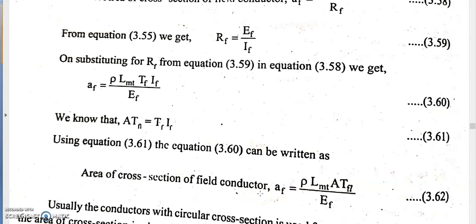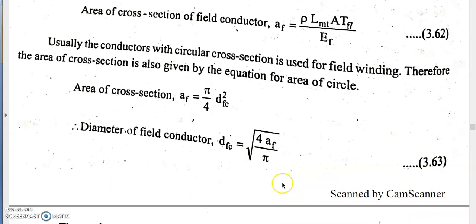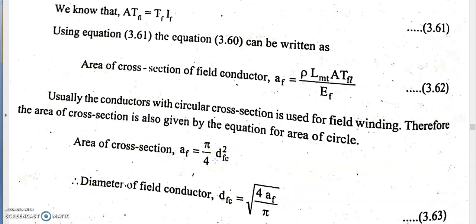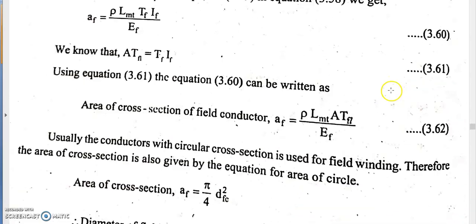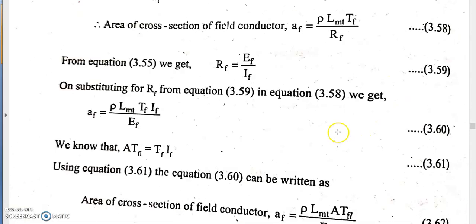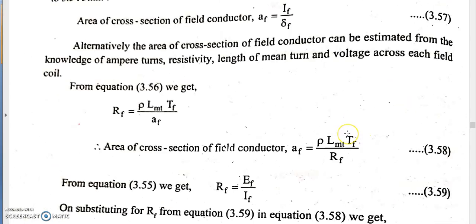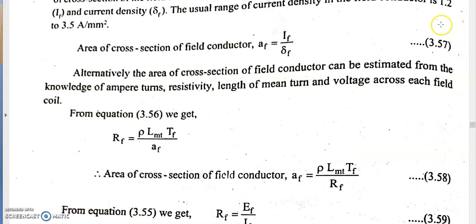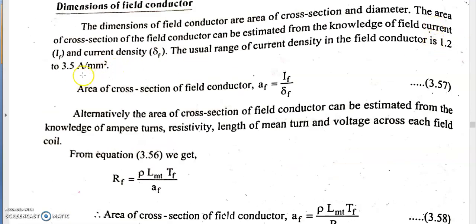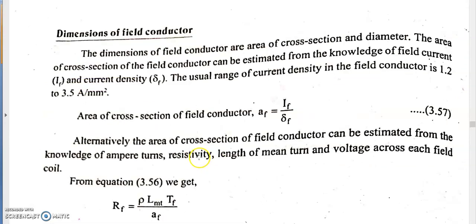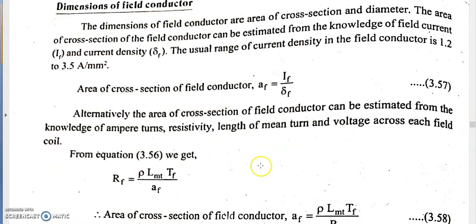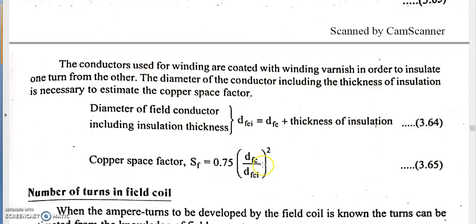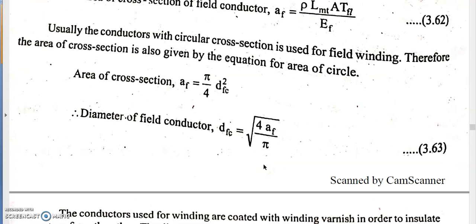So we are calculating the area of cross section and diameter of the field conductors by knowing the value of EMF, resistance and current through the conductor, by assuming current density. That current density value is between 1.2 to 3.5 amperes per mm square. So in this we have calculated the area of cross section and diameter of the field coil.